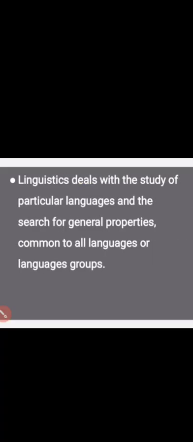Also, linguistics deals with the study of particular languages and the search for general properties that is common to all languages or languages groups. We may study different features which are shared among different types of languages.